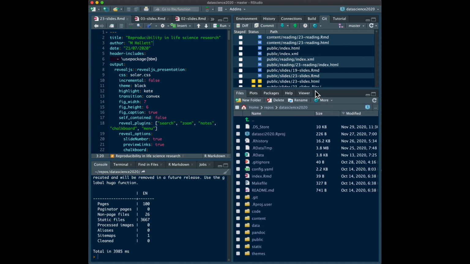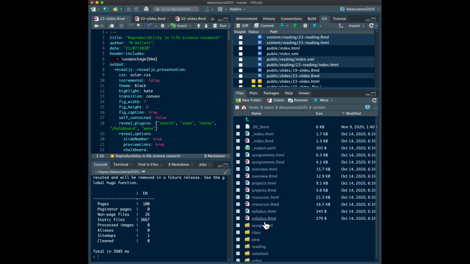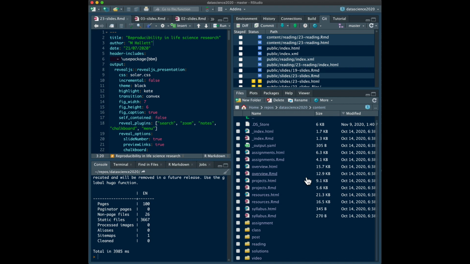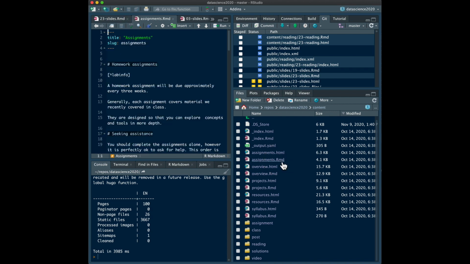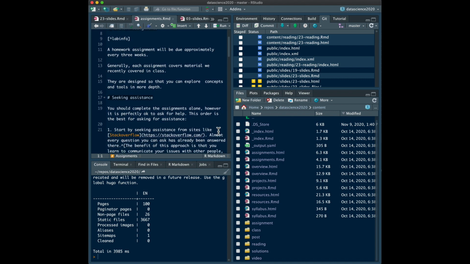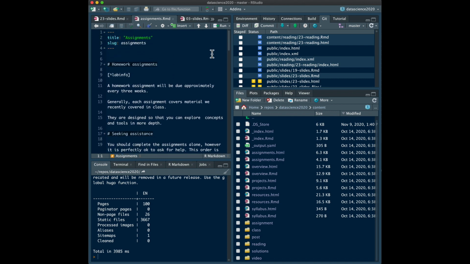But first things first, I wanted to show you how the course is structured. For example, if I go into content, I can see that there are in turn a lot of folders. If I click on, let's say, assignments.rmd, you'll see that this is the markdown file, which you are pretty familiar with right now.